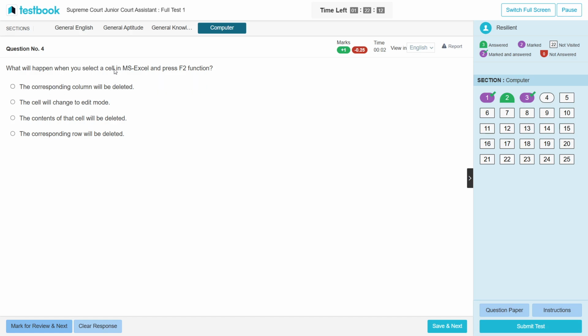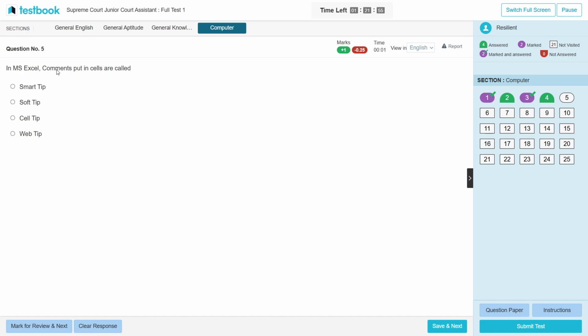What will happen when you select a cell in MS Excel and press the F2 function key? Edit. In MS Excel, comments put in cells are called cell tip.